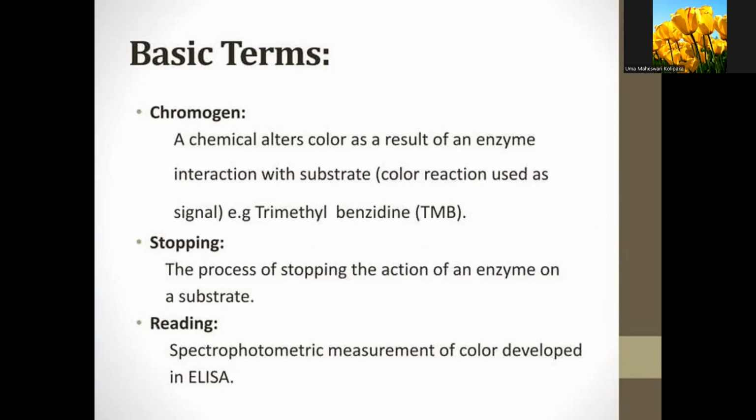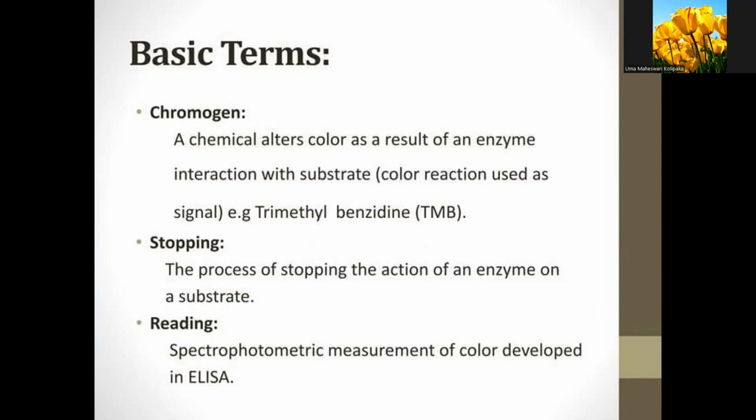So whenever we are using this ELISA technique, we are linking the antibody or antigen with the help of enzyme. So whenever we are adding the substrate, in the presence of that enzyme, the substrate is getting converted to a product. Most of the times, this product will be in colored format, so that we can come to know whether the reaction is really taking place or not. So the colored products we are using are nothing but chromogens.